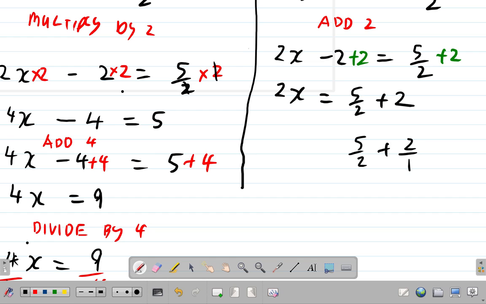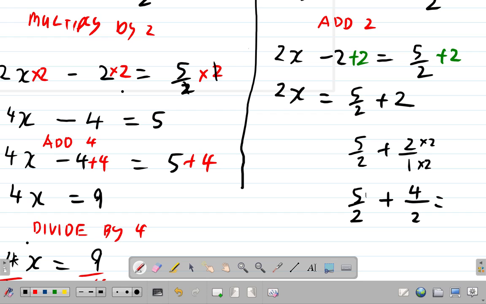It's plus 2 over 1. But I want common denominators here. Or you could find the LCM. Draw the line and find the LCM if you wanted. But if we multiply the top by 2, numerator by 2 and denominator by 2, what I get is 5 divided by 2 plus 2 2's 4 divided by 2 1's 2.